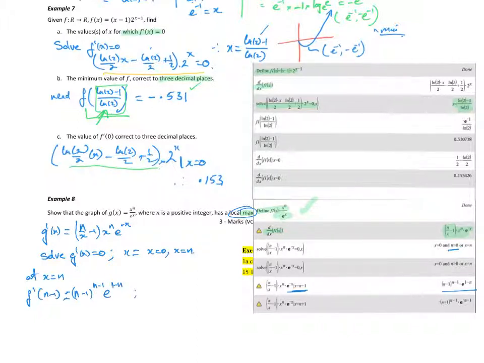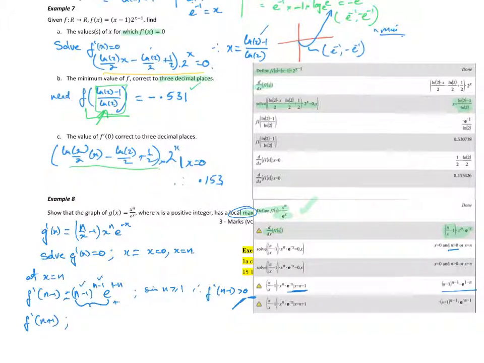Now, since n is greater than or equal to 1 because it's a positive integer, that makes all of these expressions positive. E to the power of anything is positive, n minus 1 is positive. We can just say then that f dashed of n minus 1 is greater than 0. So it's a positive gradient at n minus 1. It's a 0 gradient at n. What is the derivative at n plus 1?